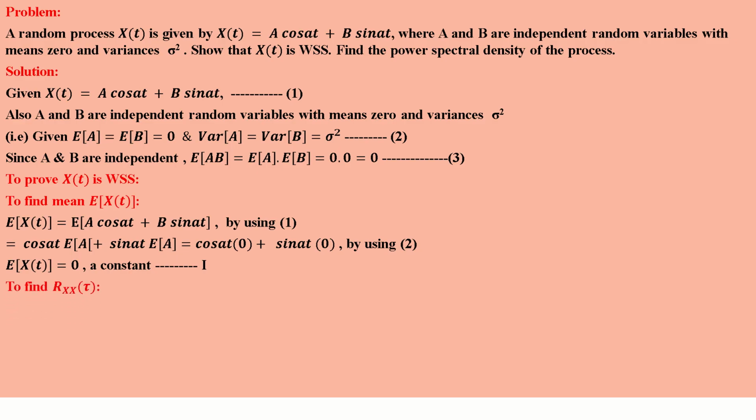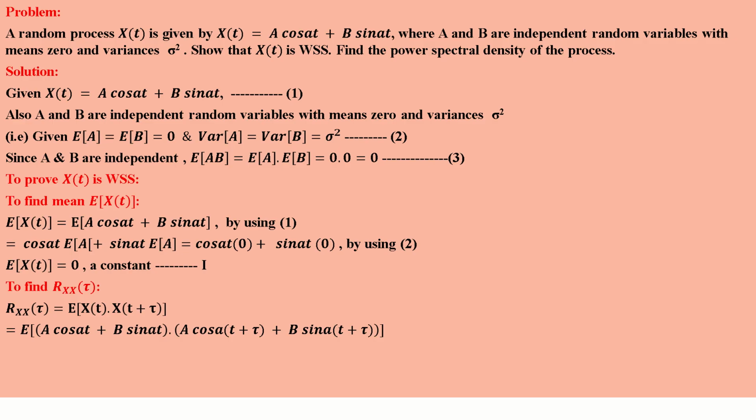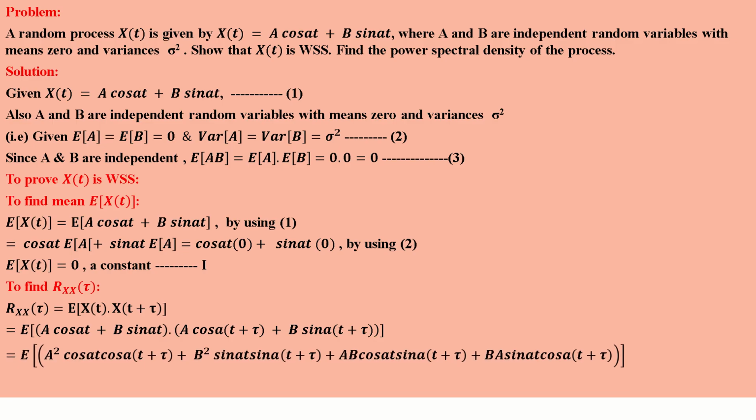Now to find Rxx(τ), we need to prove Rxx(τ) is a function of τ. Rxx(τ) is equal to the expected value of X(t) X(t+τ). Using 1 we can replace X(t) as A cos αt + B sin αt, and X(t+τ) as A cos α(t+τ) + B sin α(t+τ).